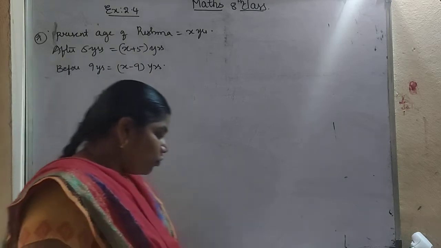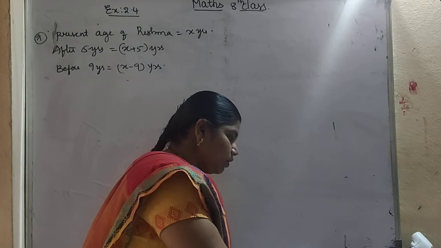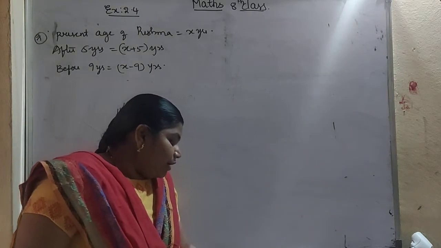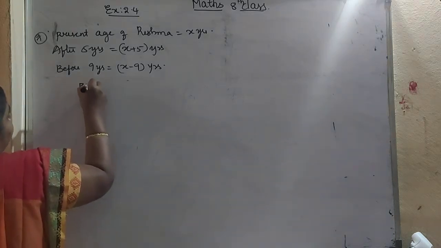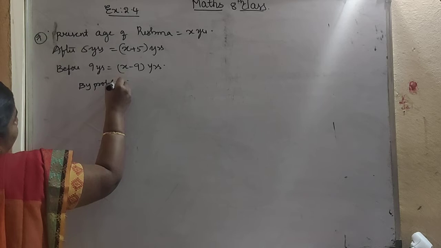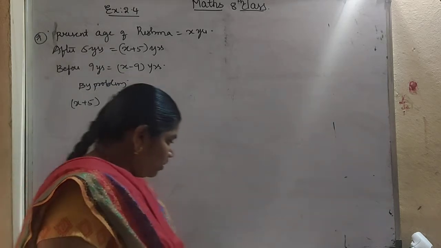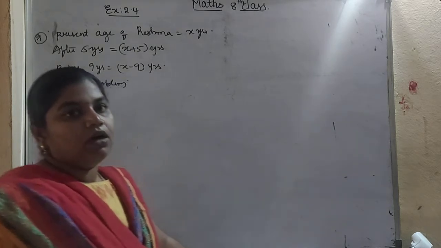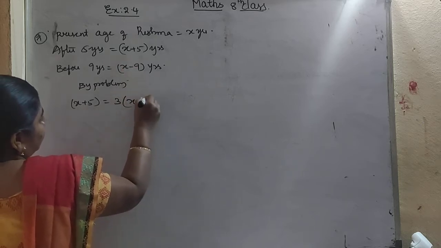Now by the problem, according to the problem, in 5 years of time it is x plus 5. So by the problem, in 5 years of time Reshma will be 3 times of 9 years ago, that is 3 times of x minus 9.